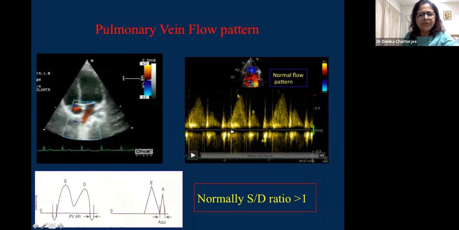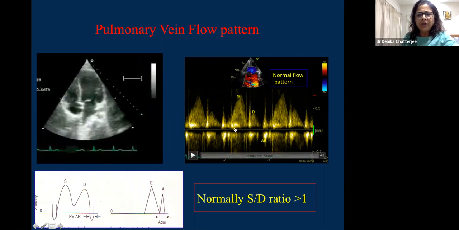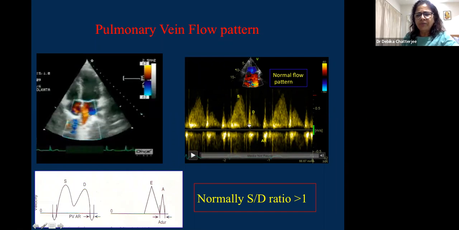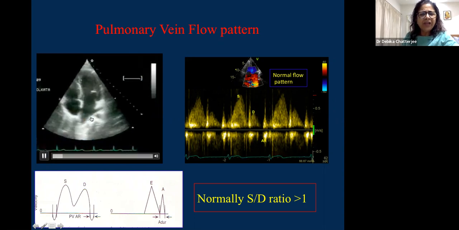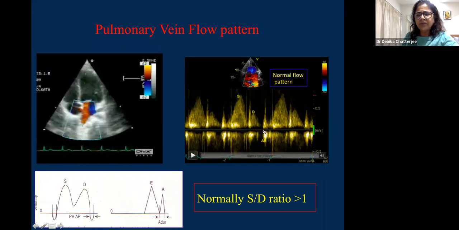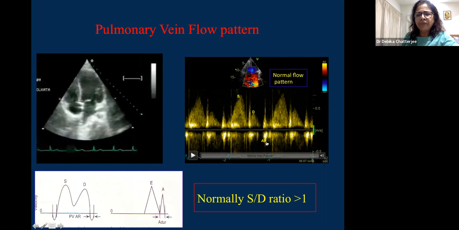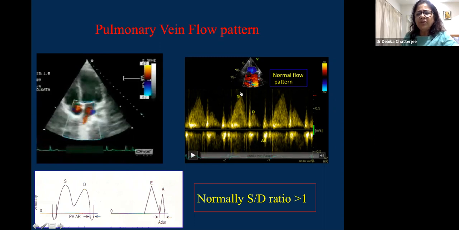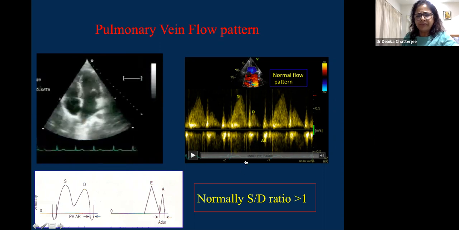Now, normally it's a venous flow. In the pulmonary vein, there is a systolic wave, then there is a diastolic wave. And during the atrial contraction, some blood goes from the atrium back into the pulmonary vein, and that gives the atrial flow reversal. But anyway, if you look, the systolic wave is bigger than the diastolic wave.